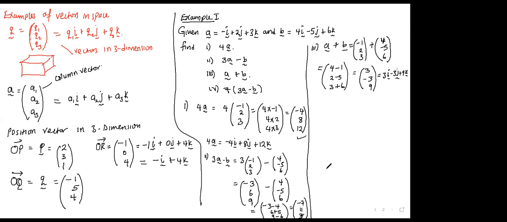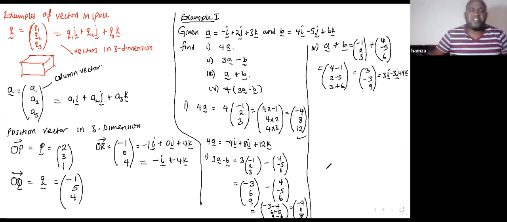Got negative 49, 77, and 21. Negative 49, 77, and 41, correct.